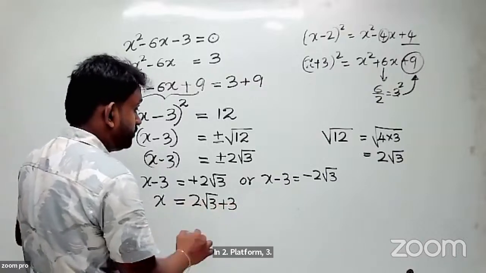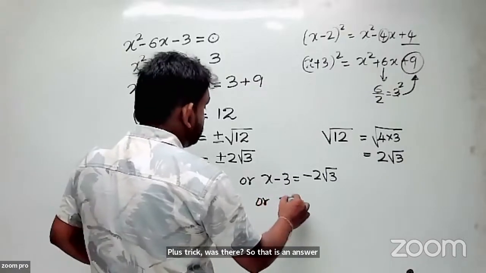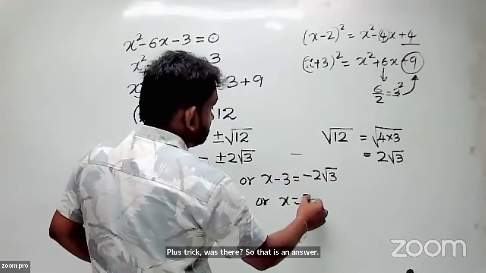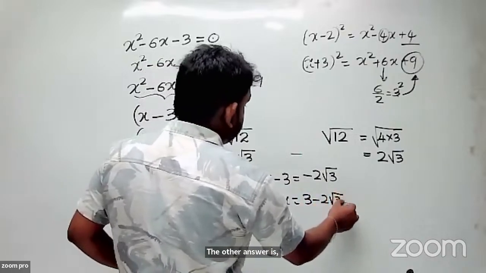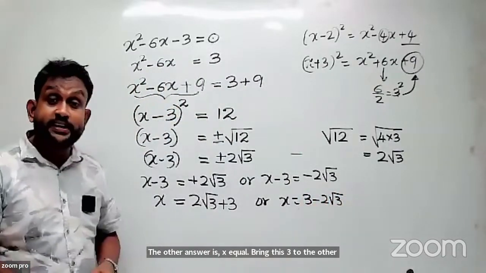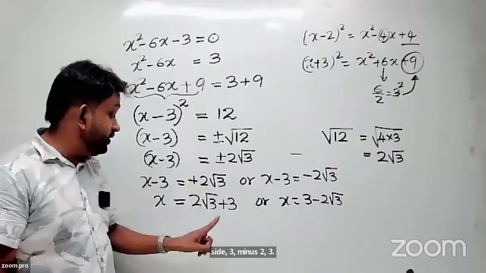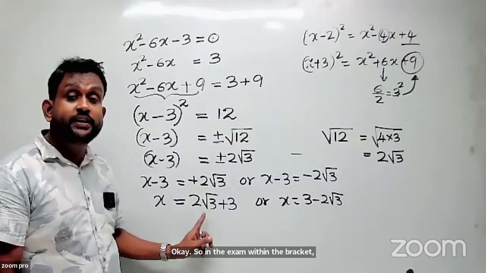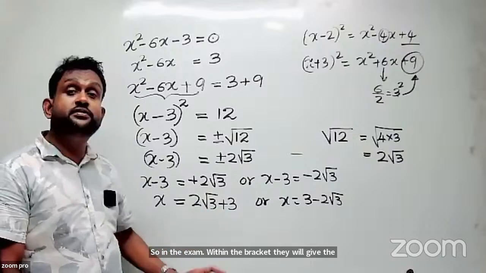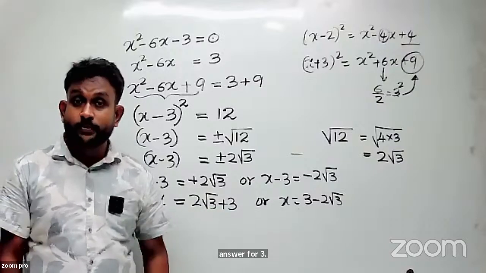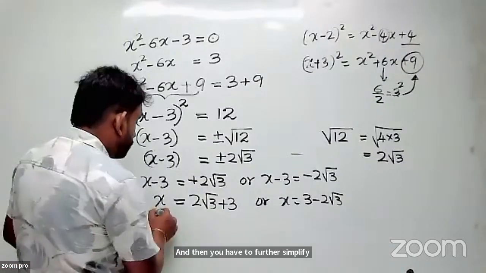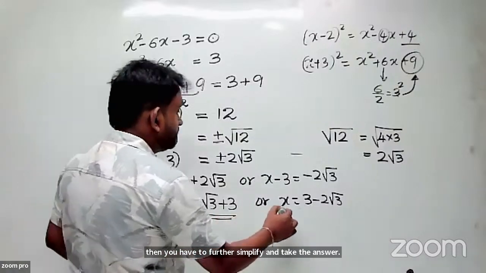That is one answer. The other answer is x = 3 − 2√3. In the exam, within the bracket, they will give the value for root 3 and then you have to further simplify and take the answer. So with the root values, this is my answer.